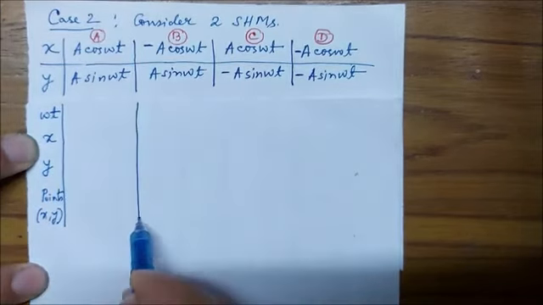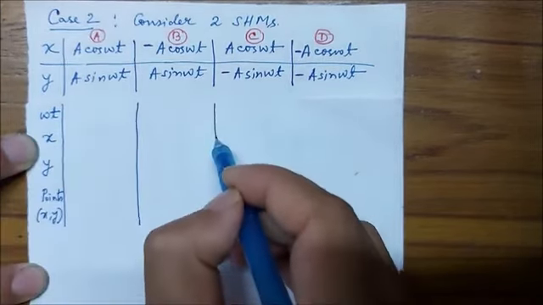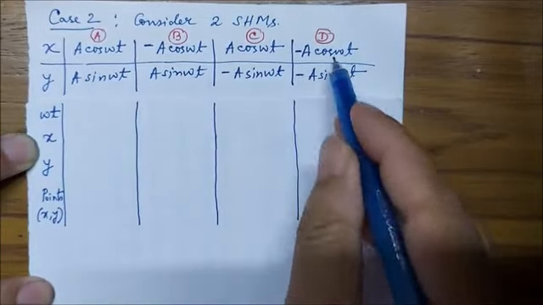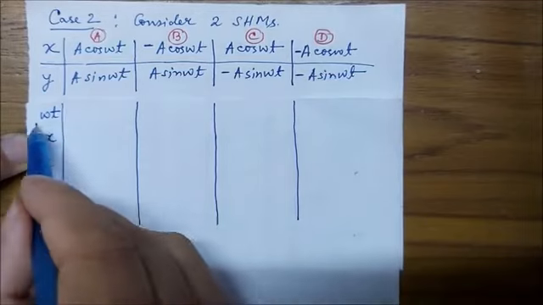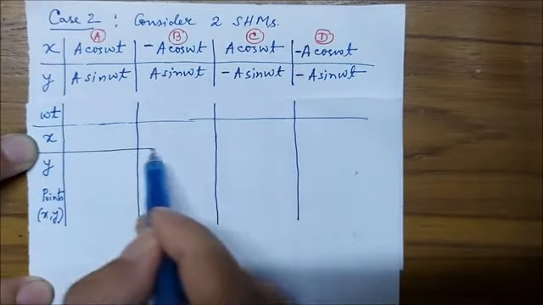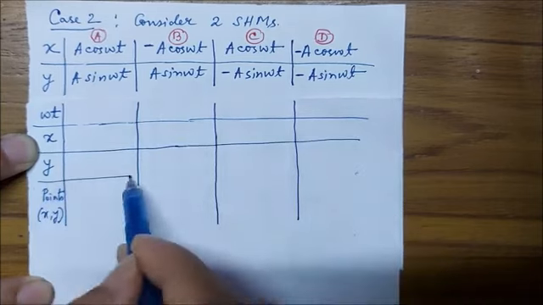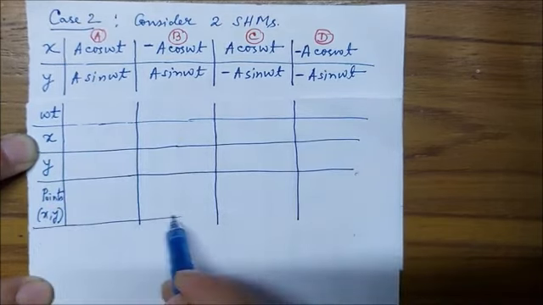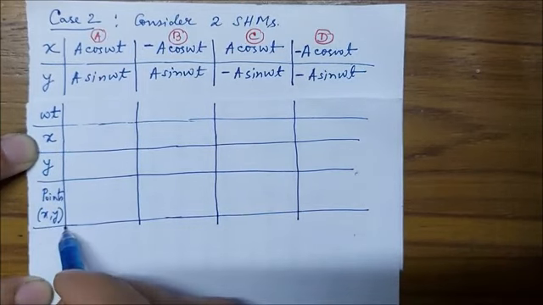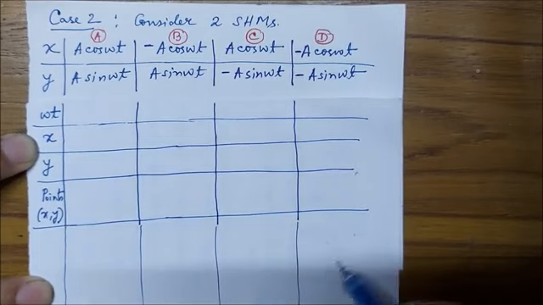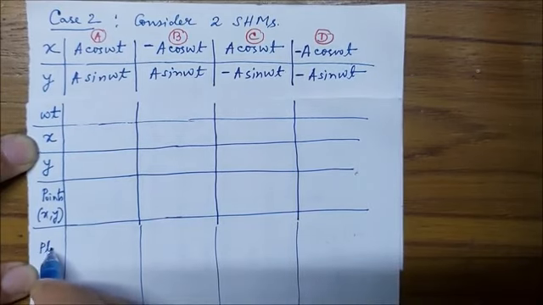So this will correspond to case A, this is case B, this is case C, and this is case D. We will write down the values of omega t, values of x, values of y corresponding to omega t, and the points will be written over here, and we will draw the diagrams here. So the plots are to be done here.